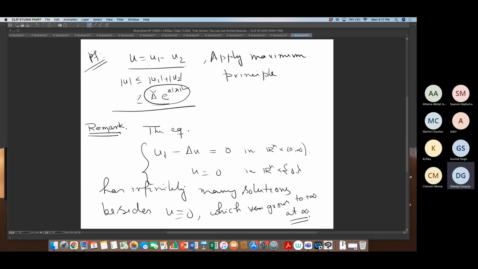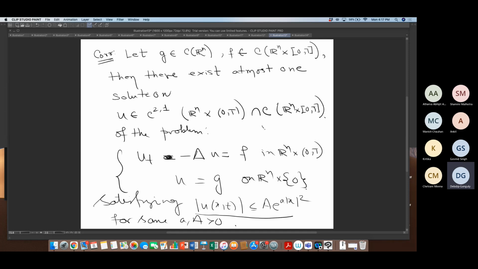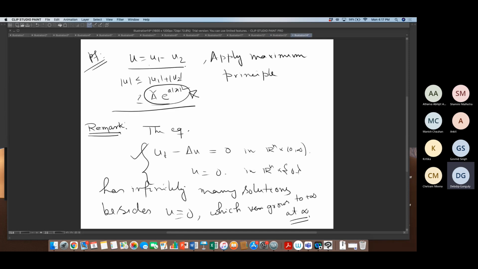So there are infinitely many solutions of this simple equation if you don't assume this condition; they grow faster than e to the power a mod x squared at infinity. If it grows less than this, then the condition is automatically satisfied and u equal to 0 is the only solution. So these are examples.